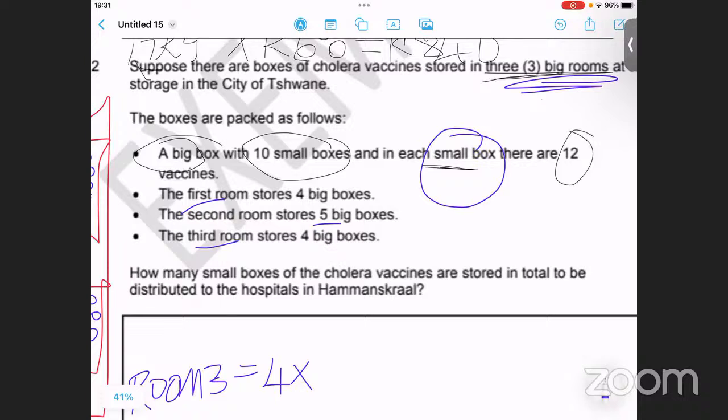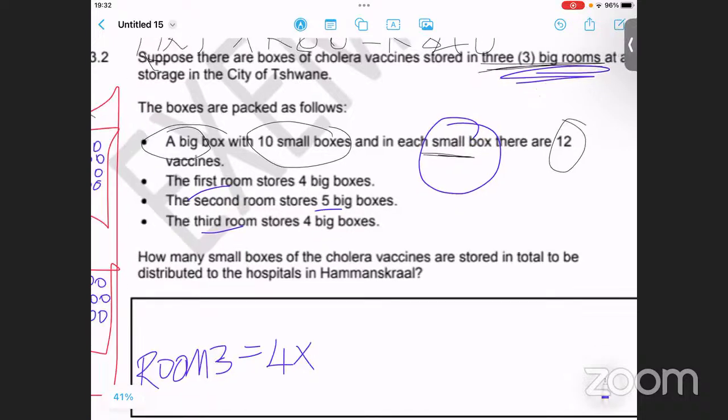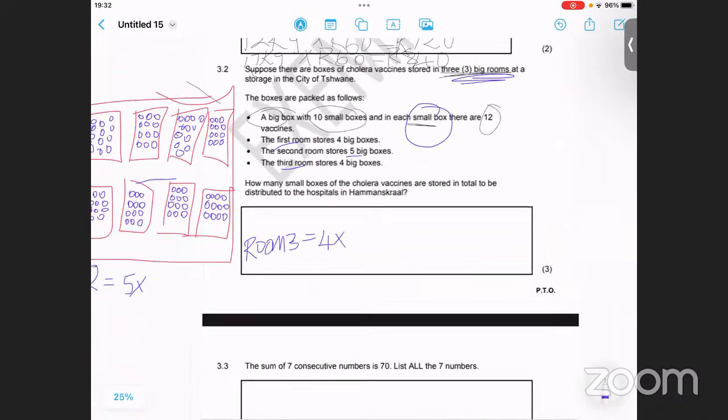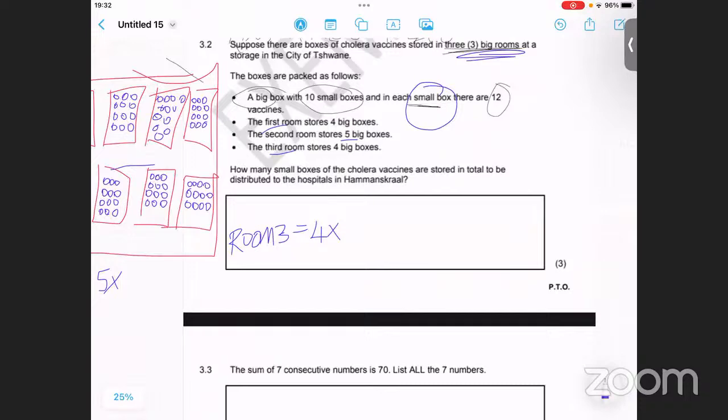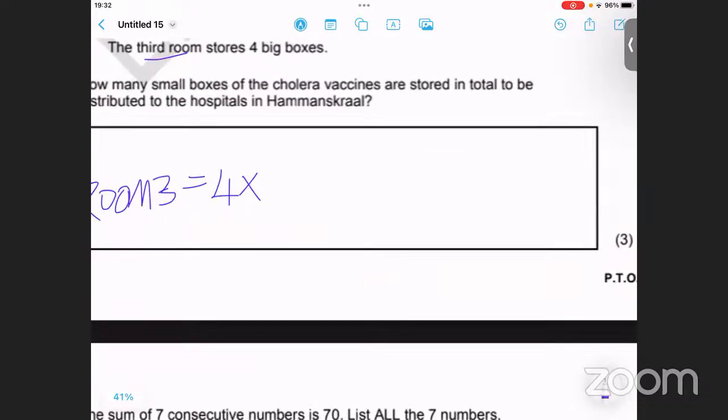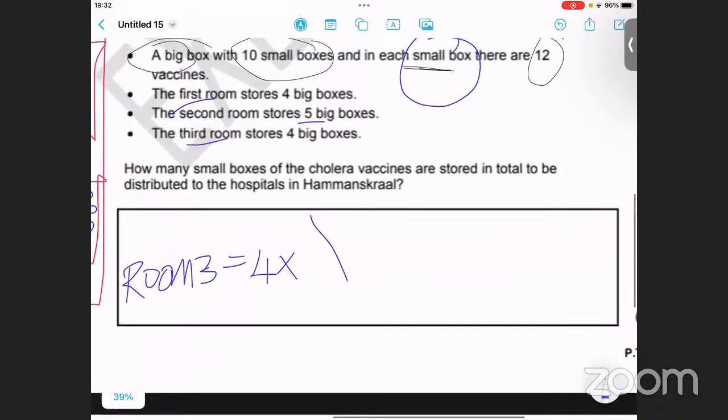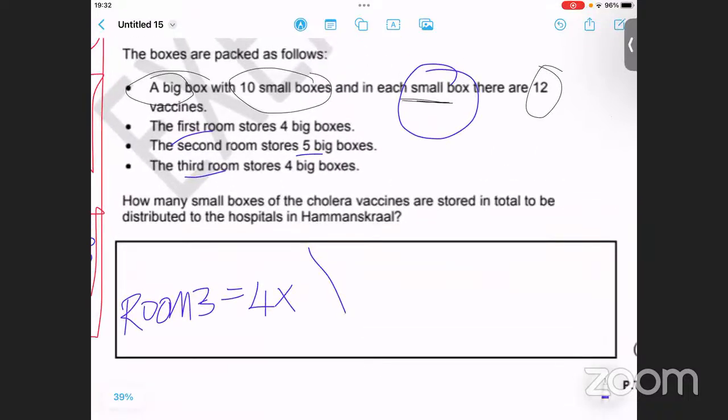And how did you get to that? Ma'am, I basically said if a big box has 10 small boxes inside, you would have to multiply. The first room has 4 big boxes, so for each big box there would be 10 inside. That makes 40.